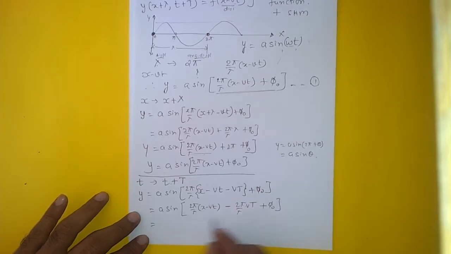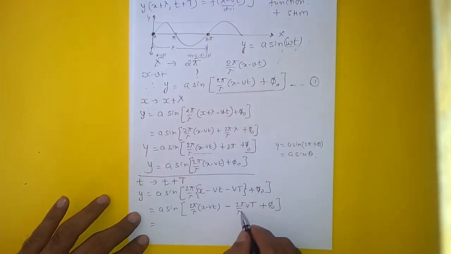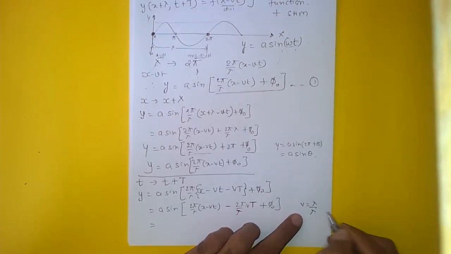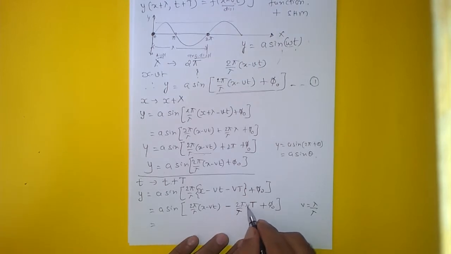And what will this be? 2 pi upon lambda, this is v, this is T. Now we know that v is equal to lambda upon T. So if here I write lambda upon T, lambda will get cancelled, T will cancel.